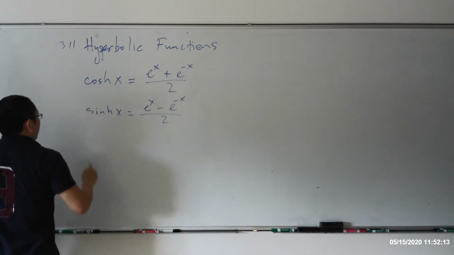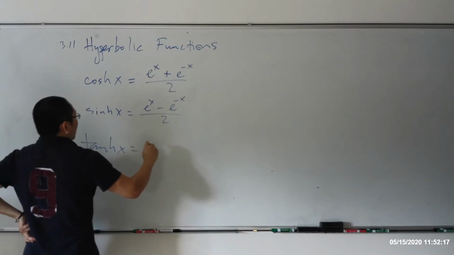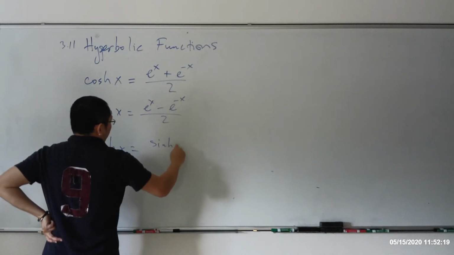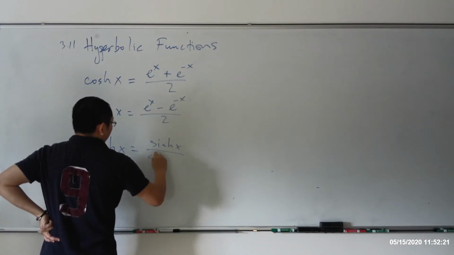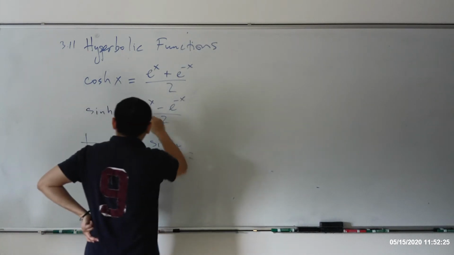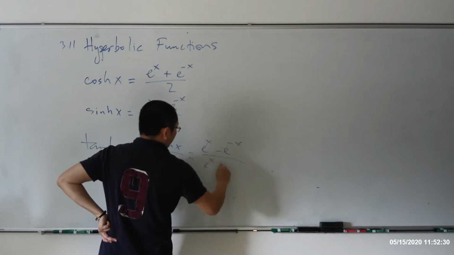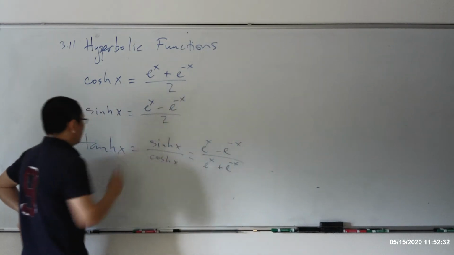Now we have cosine and sine. So hyperbolic tangent of x is defined by hyperbolic sine over hyperbolic cosine, which is e to the x minus e to the negative x over e to the x plus e to the negative x. You do a simple algebra in here.